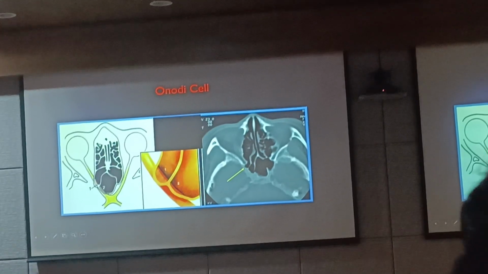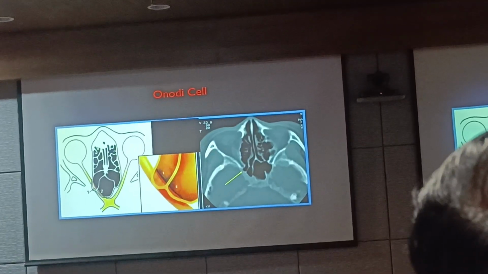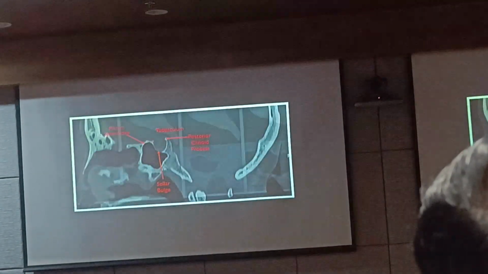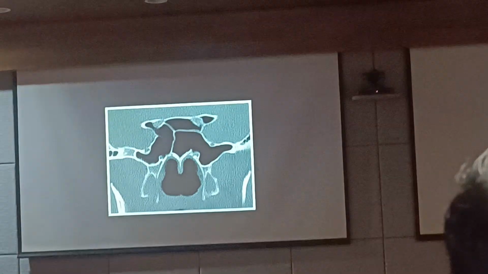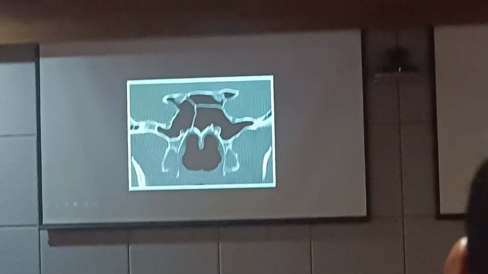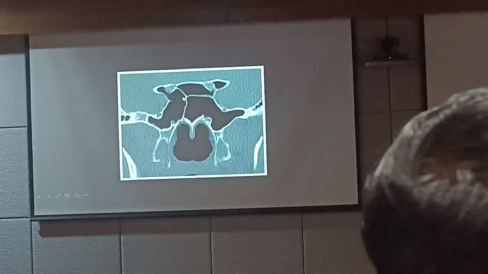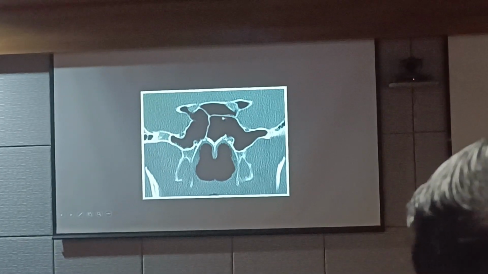How can I differentiate which one is sphenoid, which one is Onodi? Okay, let me show you this film now. Okay, like this. For example, this. You get this sort of intersinus septum and you get a horizontal ledge over here. When you start getting a horizontal ledge, like for example, take this ledge.